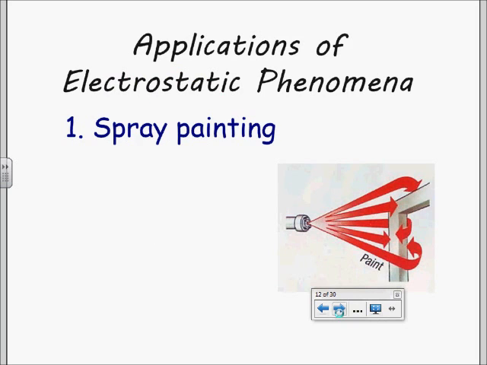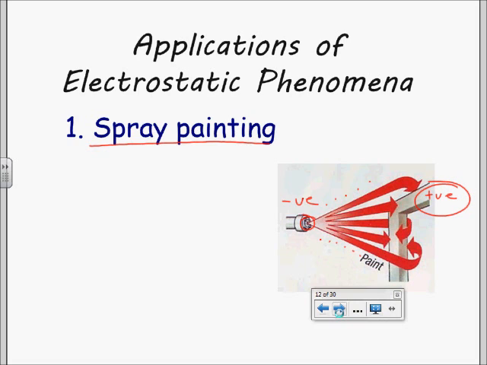Let's have a look at a couple of applications of basic electrostatics. The first one is spray painting. For example, it could be in a spray painting booth painting a car, and this is what's actually done in reality. Let's say that this spray nozzle is negatively charged and the thing being painted is positively charged. The paint, as it exits the nozzle, picks up charge from the nozzle, and so you end up with all these little paint droplets that are negatively charged, being attracted to the positively charged surface.